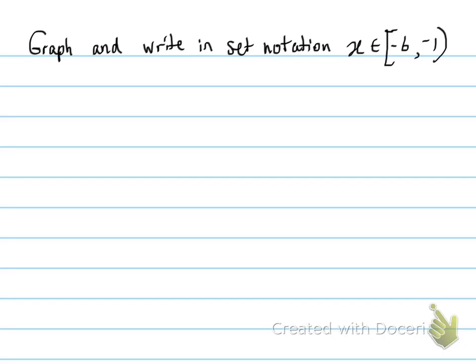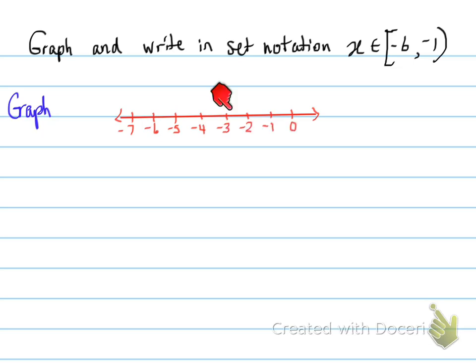Moving on. Graph and write the following in set notation. To write this in set notation, we should first look at this in terms of the number line. Graph, 7 ticks. And we make sure we include from -6 to -1. I'm doing a little bit extra so that there is blanks on either side. Why? Because I want to know only the numbers from -6 to -1.